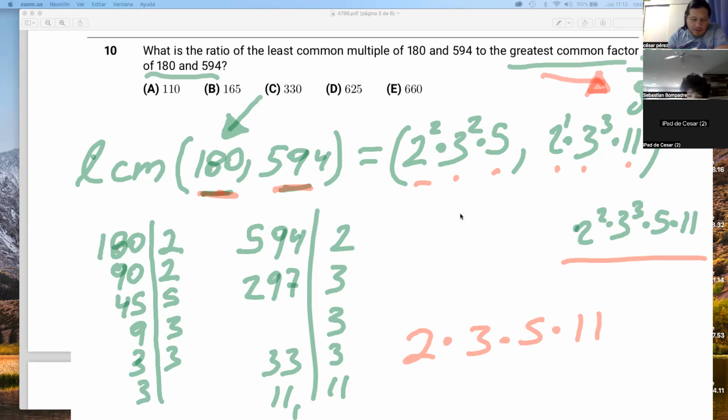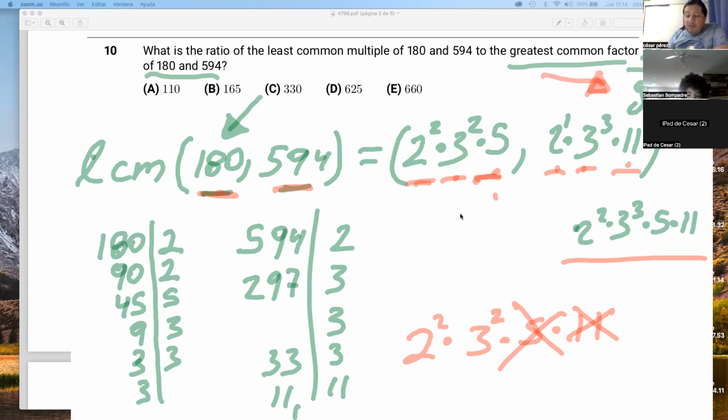But 11 is not in both numbers. So vamos a eliminar ese 11, ¿sí? We are not going to use this 11. 5 is only in here, so this does not count. We have here a 2, and we have 2 factors 3. Okay.